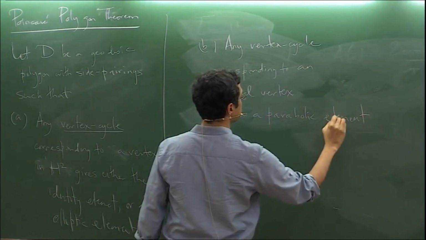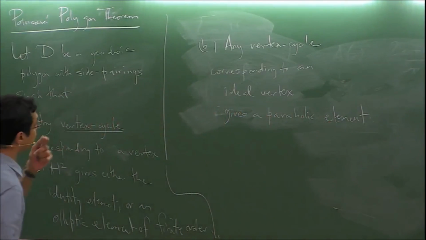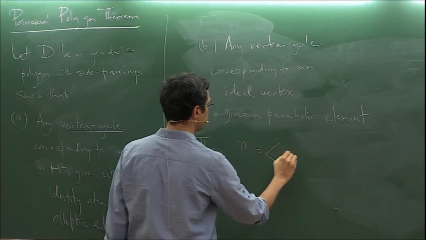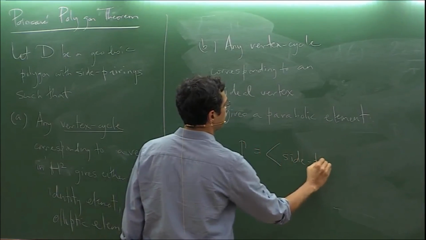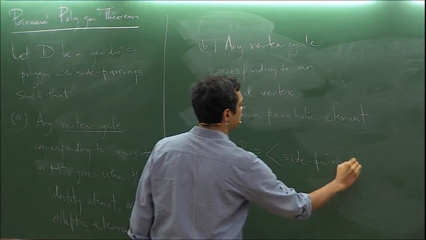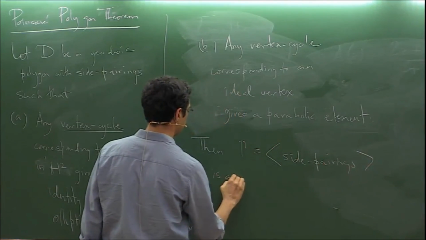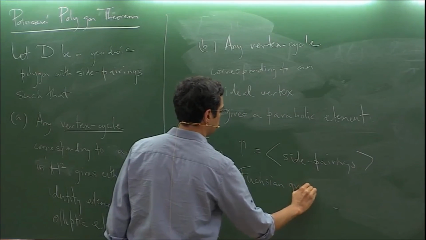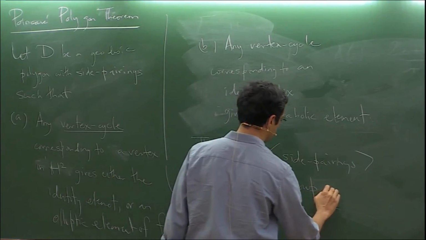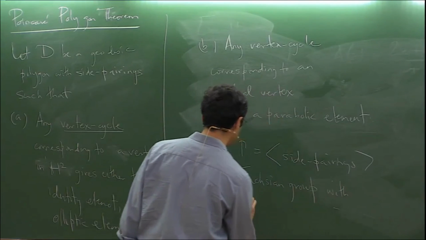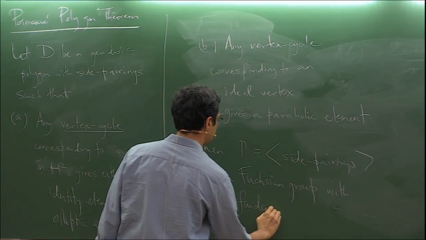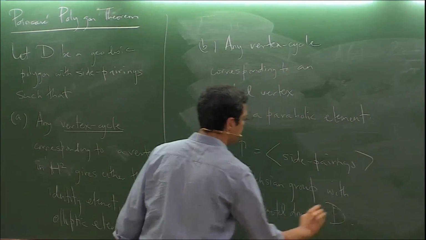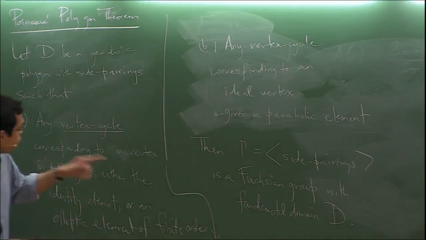These conditions need to be satisfied. Then the group gamma generated by all the side pairings of the polygon you started with is a Fuchsian group, and it has fundamental domain D.